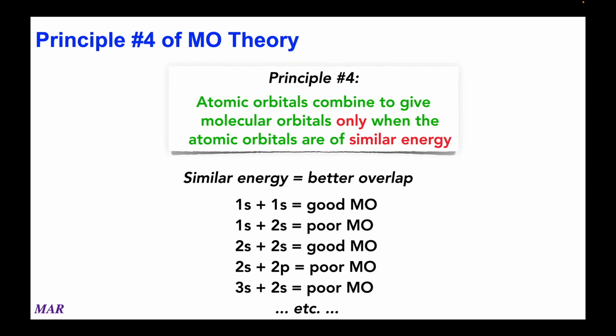When you get past neon to chlorine or bromine or iodine or any of these other ones, then you start to have lots of mixing. So like maybe 3p and 4s would start to mix, and the molecular orbitals get much more complicated, and this is where computers can really help out. So anyway, that's why we're keeping it just up to neon, and these are great examples, but realize as you get into other classes, you may have to deal with this other kind of mixing that's going on.